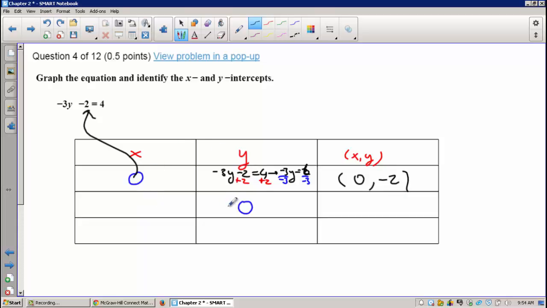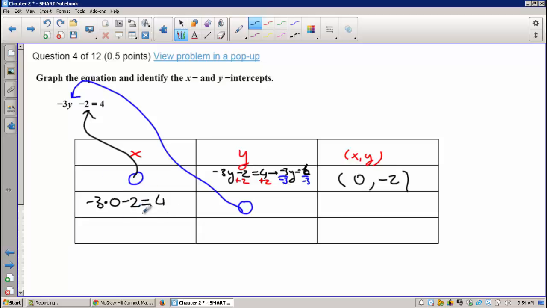Alright, next one. We enter 0 in y, and compute x, and negative 3 times 0 minus 2 equals 4. Wait a minute, there is nothing to solve here, right? There is no x to solve.